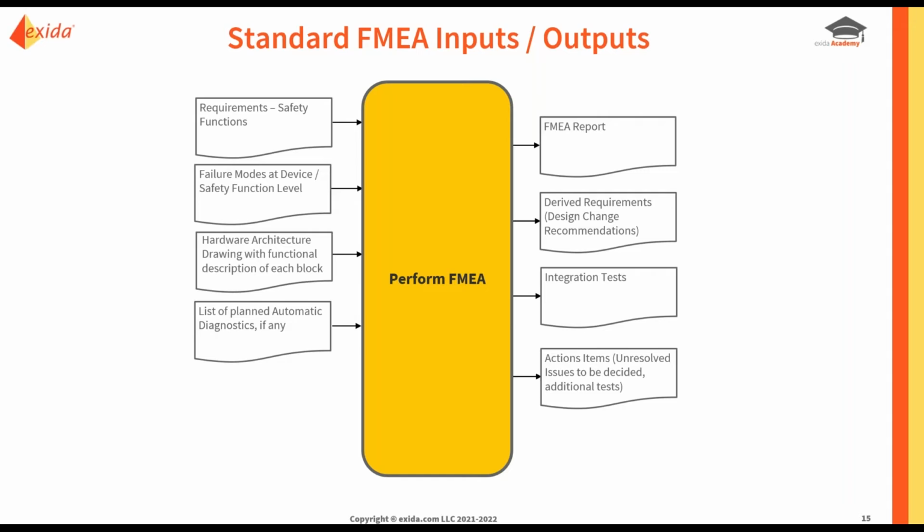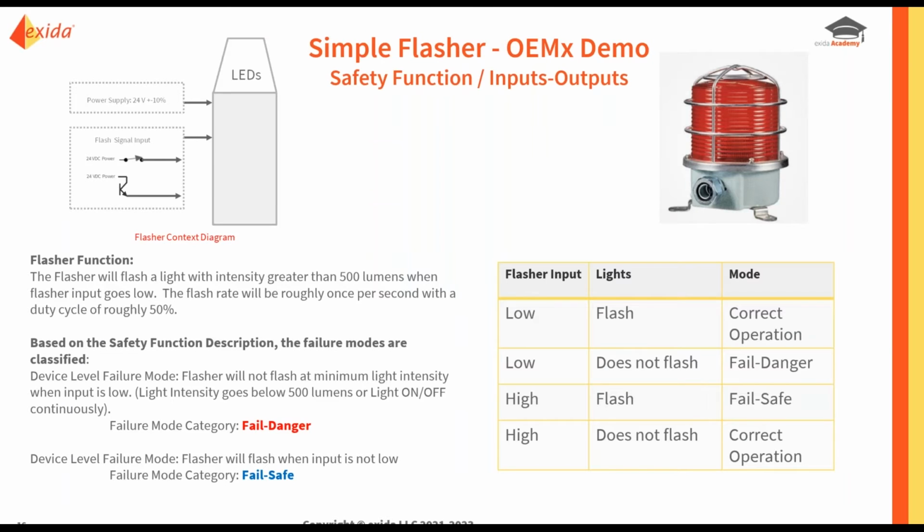We should generate integration tests that we have defined, and it's highly likely we'll have some action items, which are unresolved issues to be decided later. And of course, the facilitator is the one who may call a halt to some of our debate and write it up as an action item.